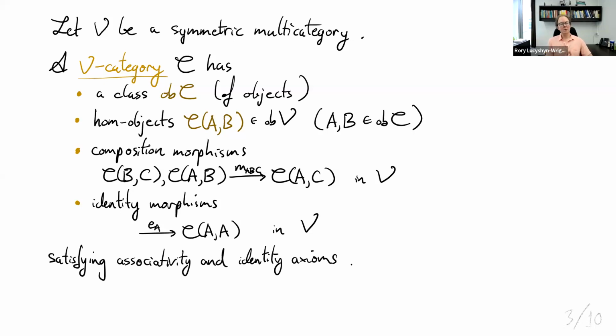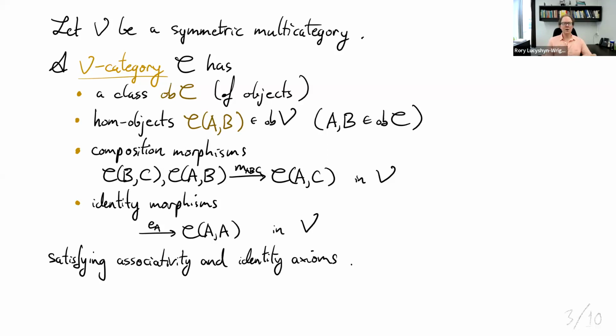So in this talk, we'll actually make use of a concept that's somewhat more general than V-enriched categories, because one issue is that V itself isn't in general a V category. If V is a closed symmetric multi-category, then V itself will be a V category also. But here we're not assuming that V is closed, so V itself isn't necessarily a V category.